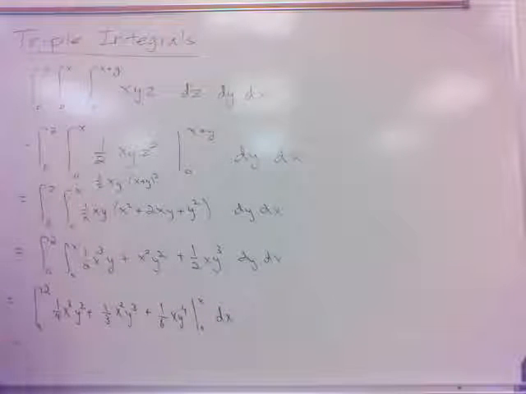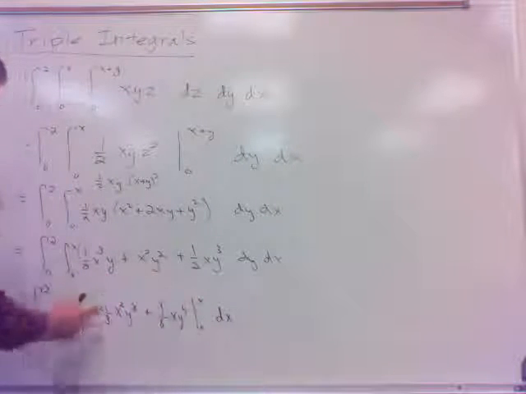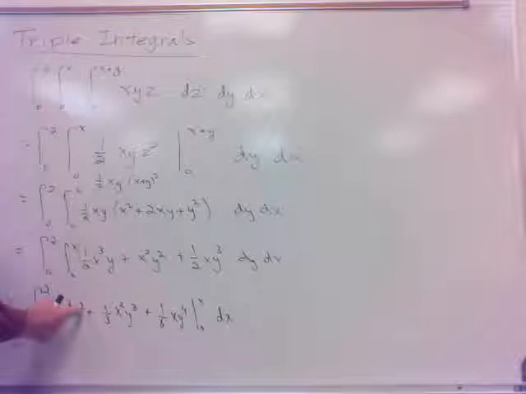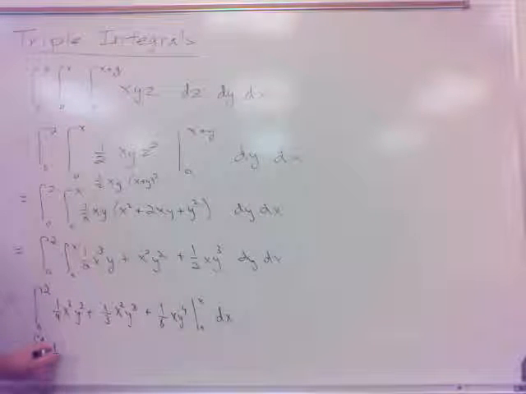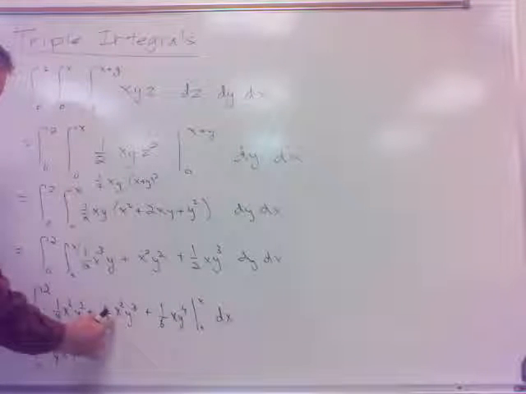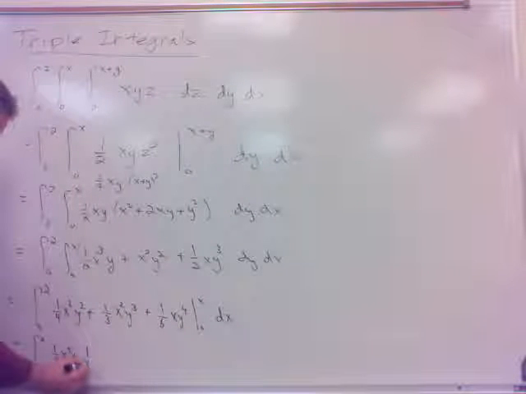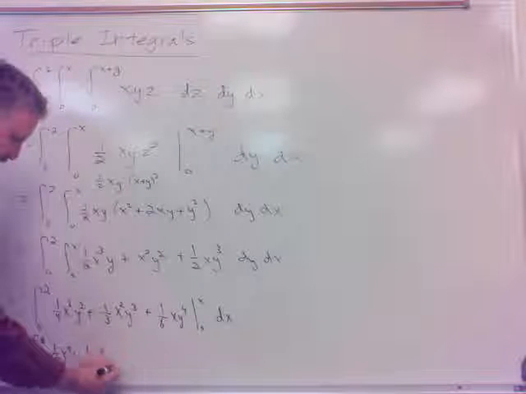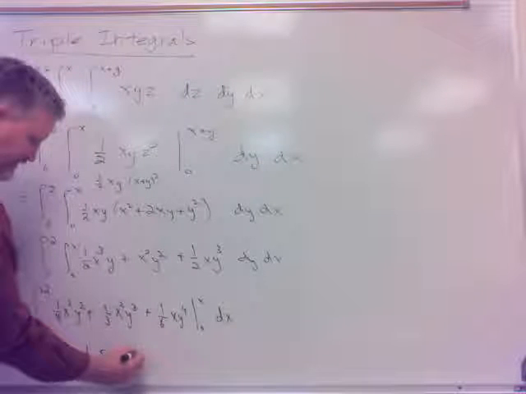And so as you can see, it gets kind of fun here. So we plug in the x for the y, so it'd be x squared, so it'd be 1/4 x to the 5th. X cubed, so it'd be 1/3 x to the 5th. Oh, how about that? It just turns out to be all x to the 5th then.